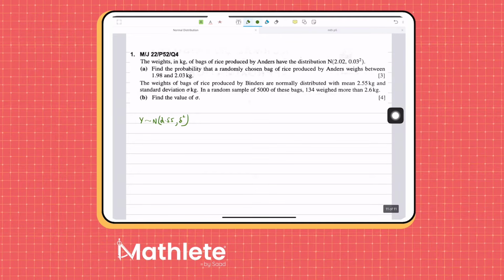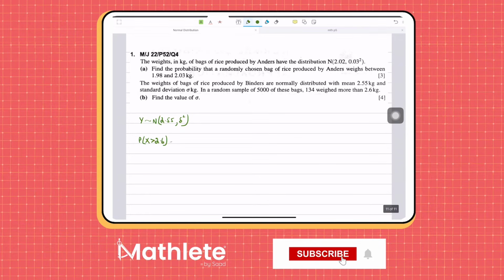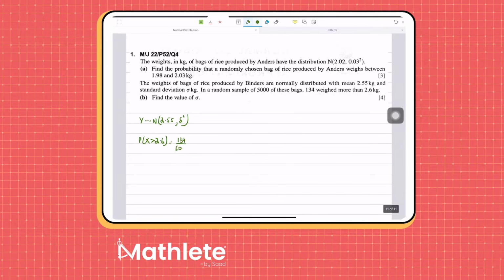The question says, in a random sample of 5,000 of these bags, 134 weighed more than 2.6 kg. So what is the probability of x being greater than 2.6? It's going to be 134 upon 5,000.